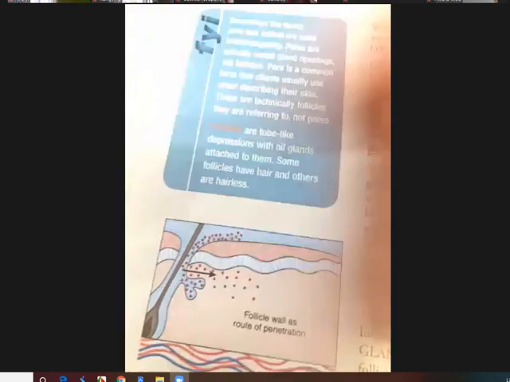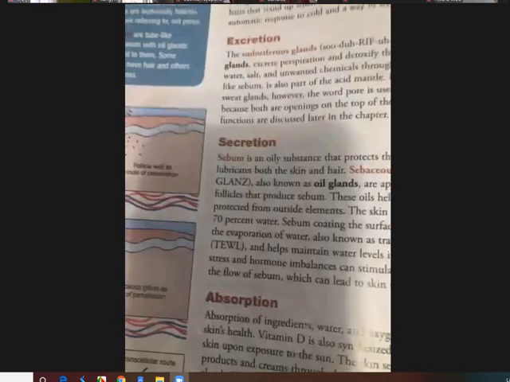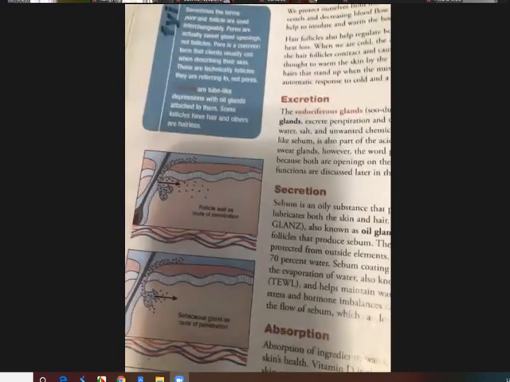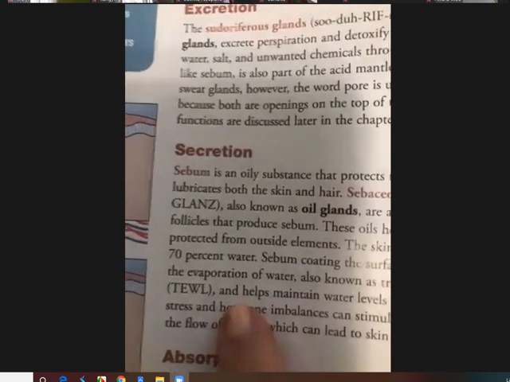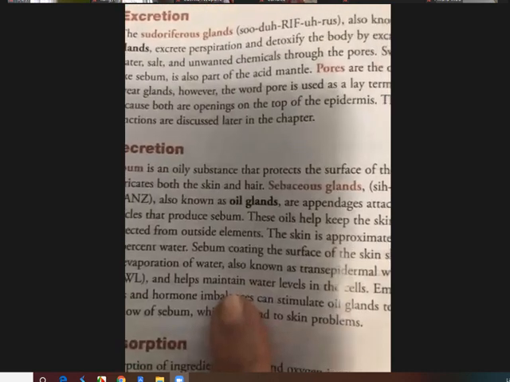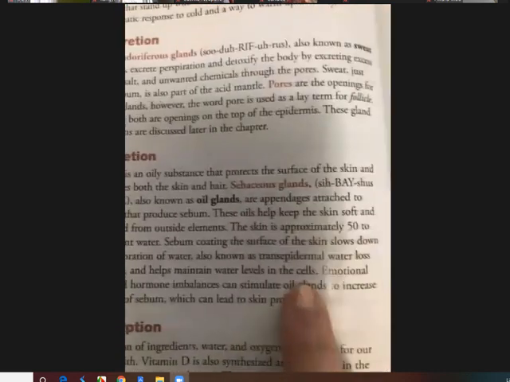The oil becomes like a protective layer. 这个油可以防止水流失。水流失，细胞水流失就是这个 transepidermal water loss. And it helps maintain water levels in the cells.